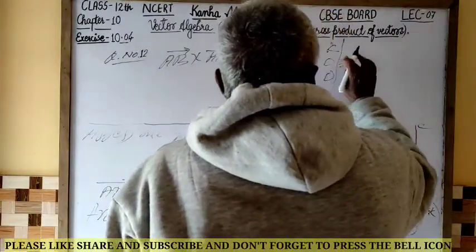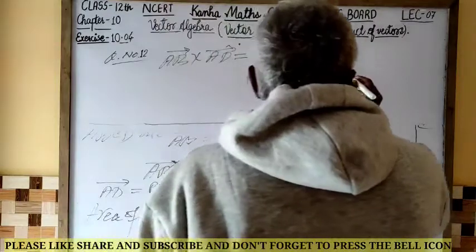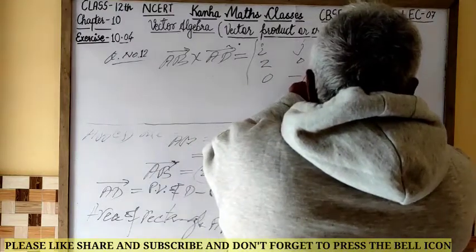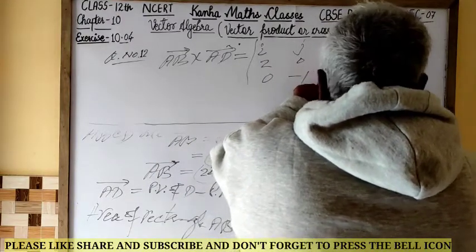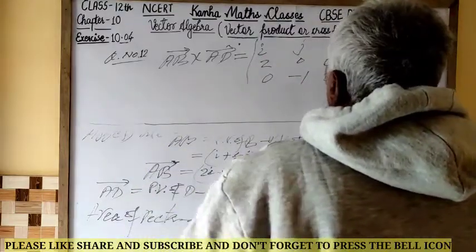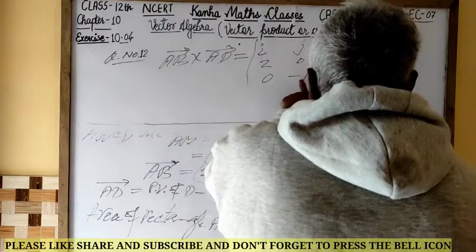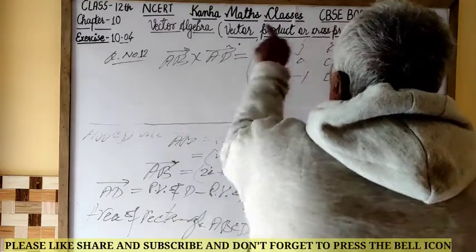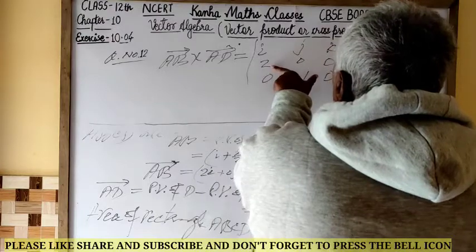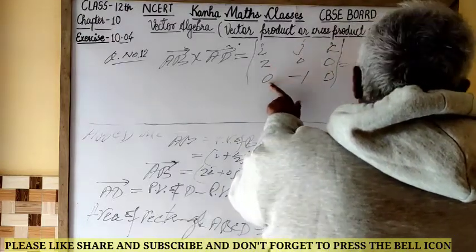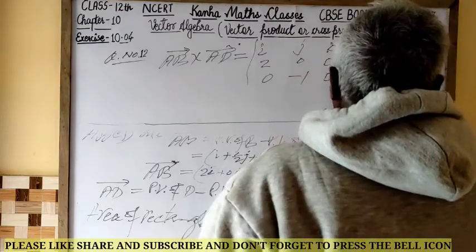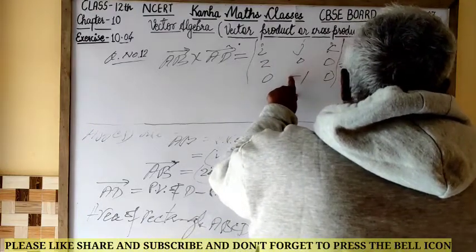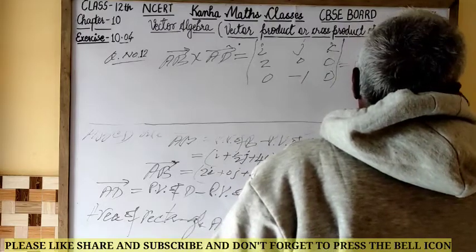By expanding the determinant along the first row, we have i into (0 times 0 minus 0), minus j into (2 times 0 minus 0), plus k into (2 times minus 1 minus 0).